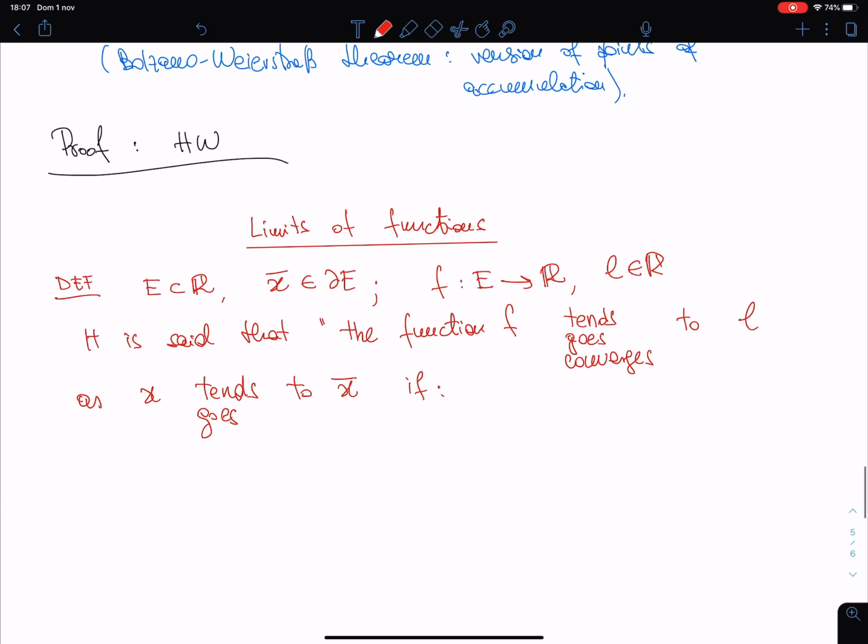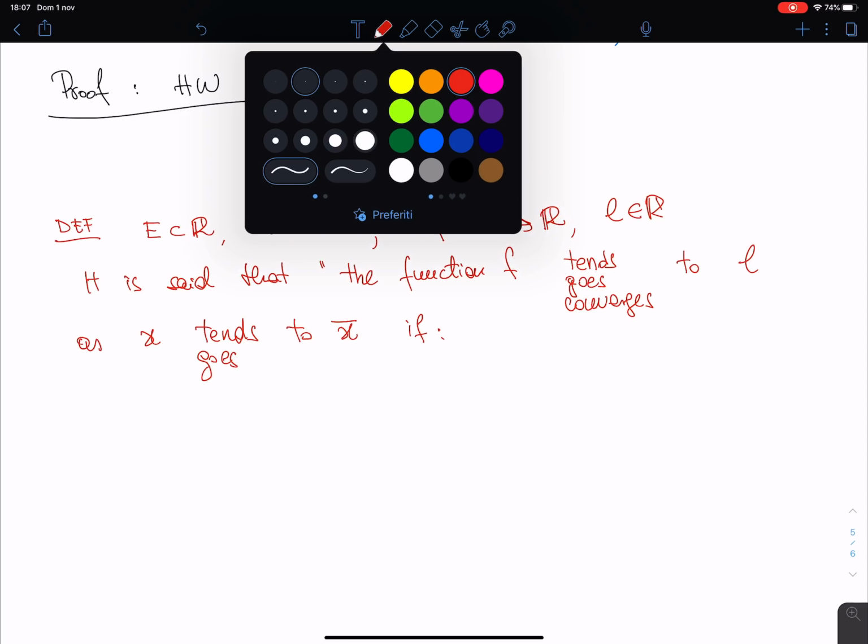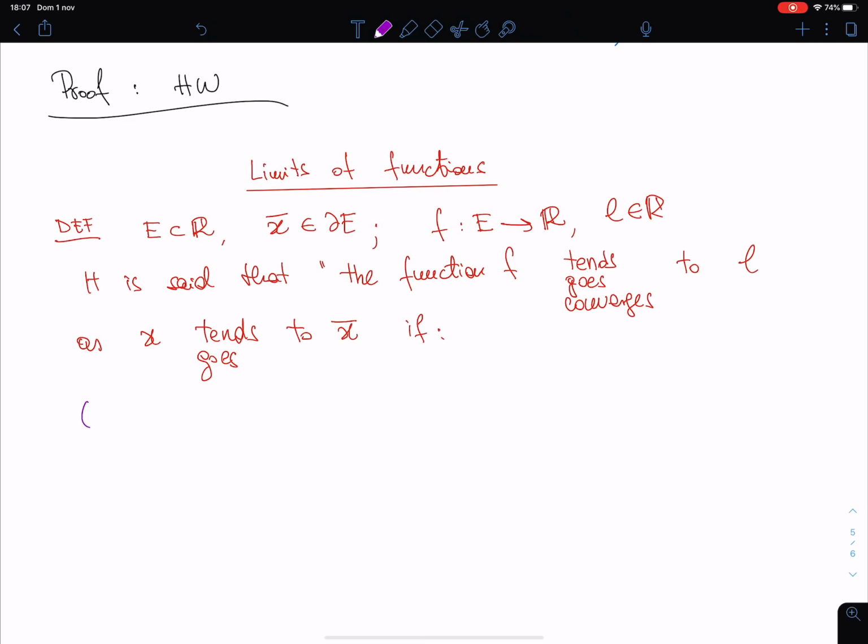okay, I give you two definitions. The first definition is conceptually simpler, which is the so-called metric definition. Let me write it as metric definition.